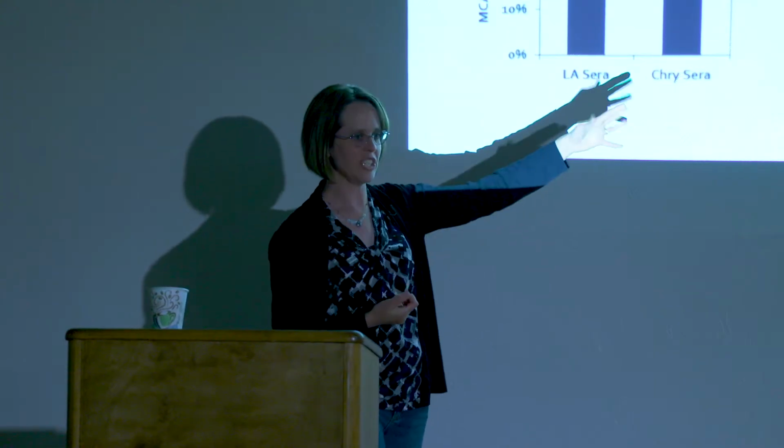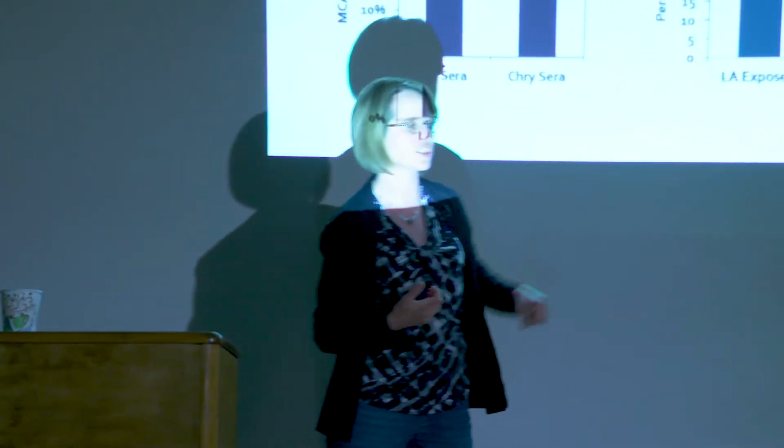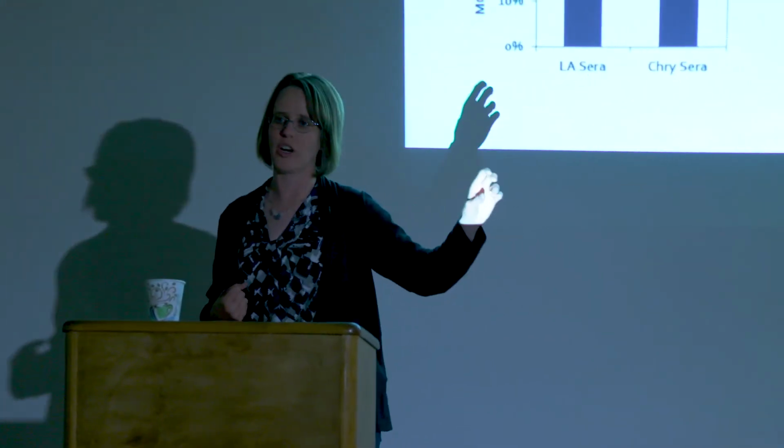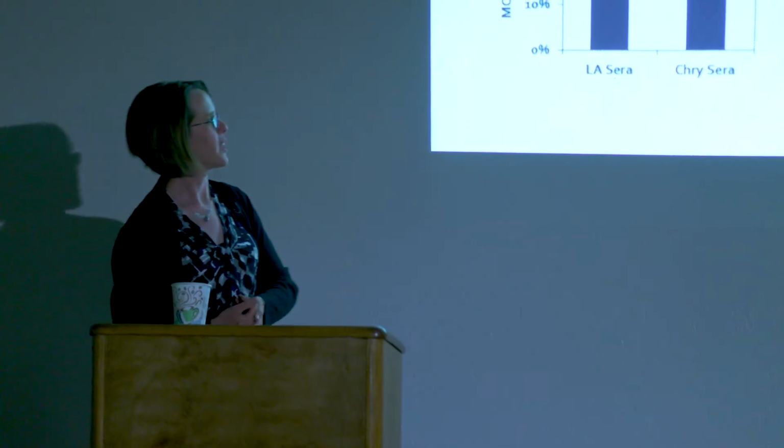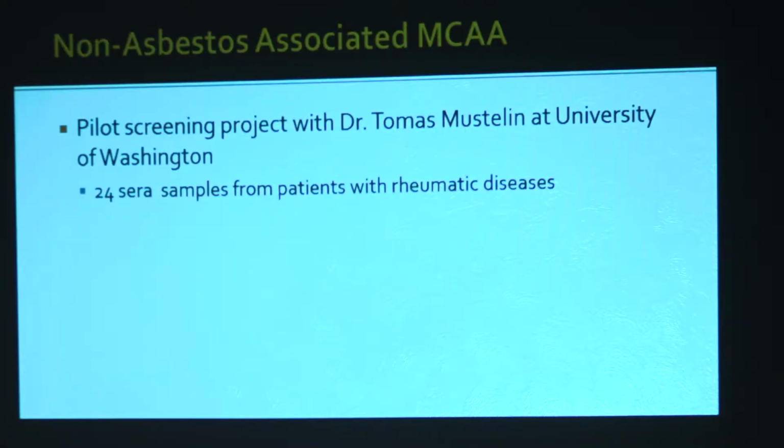And so the question here then became, well, is there something different about the mechanism? So are the antibodies there, are they doing different things? Okay. Oh, dang, I don't have a graph for that. I thought we had it in there. We did look at the collagen deposition between the Libby MESCAs and the chrysotile MESCAs. And we saw some differences, not only in the isotypes, but also in the amount of collagen that they're putting down.